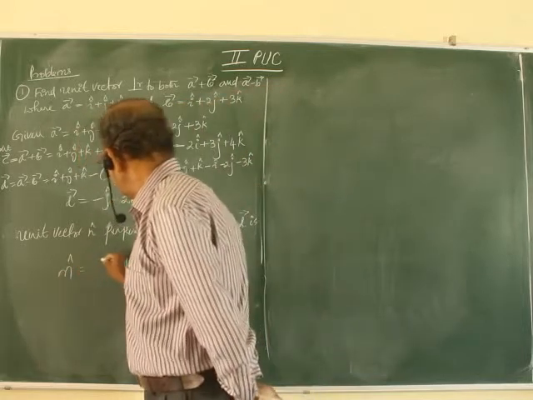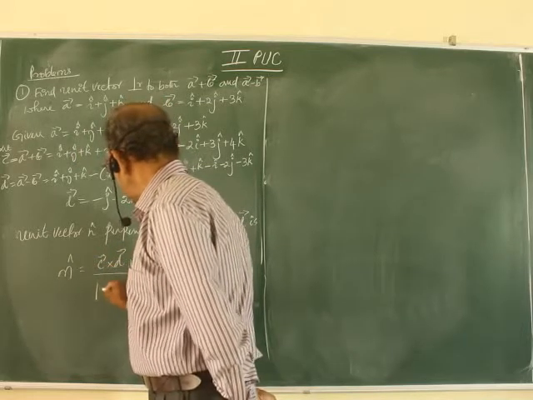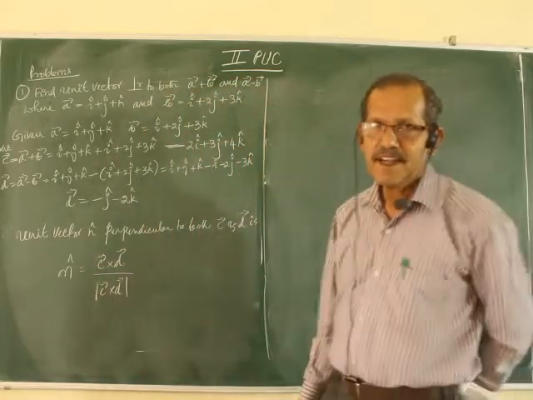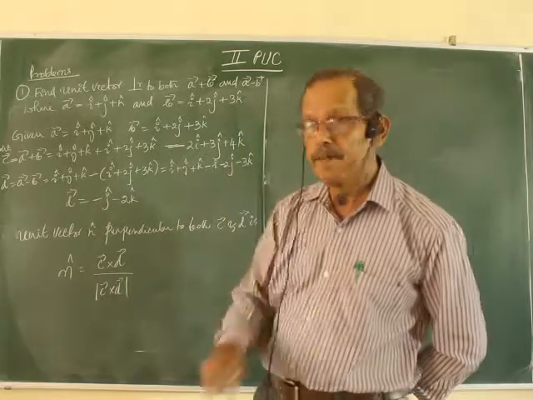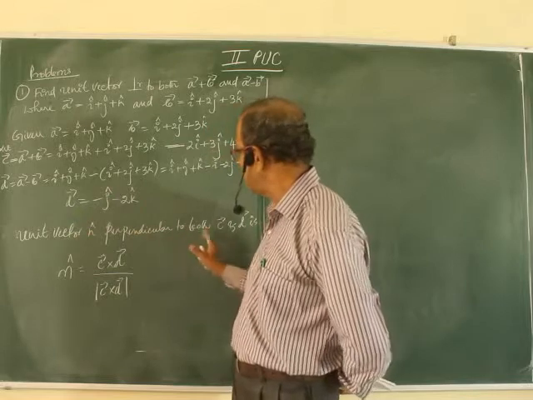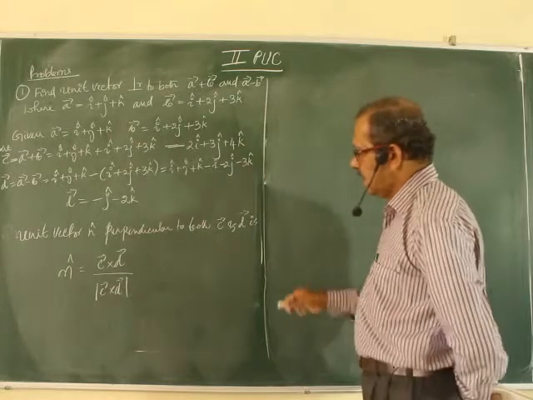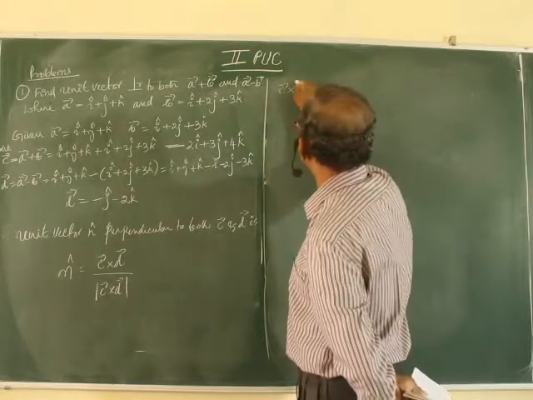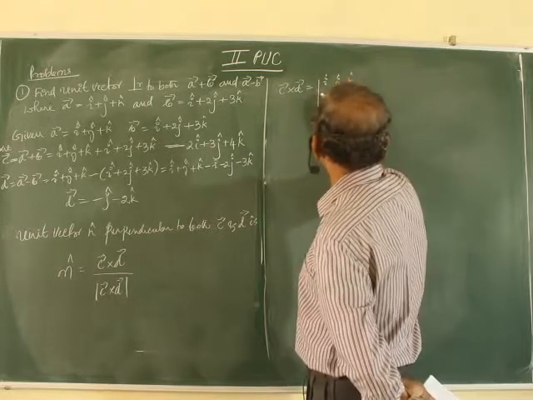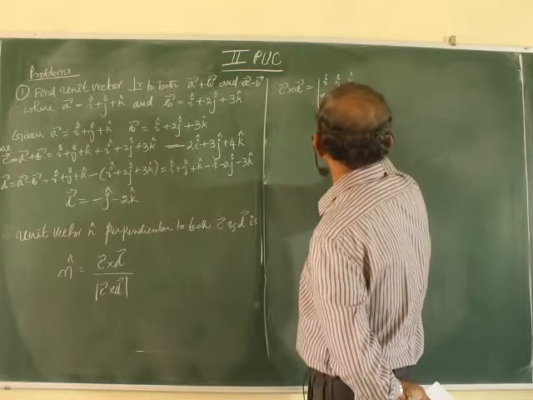n cap equal to c cross d, go back to the formula list, divided by modulus of c cross d. There you are, written: n cap perpendicular to both a and b is a cross b by mod a cross b. Here you have to find unit vector n cap perpendicular to both c and d, A plus B and A minus B. Next step is how to find c cross d. i, j, k; x1, y1, z1; x2, y2, z2.